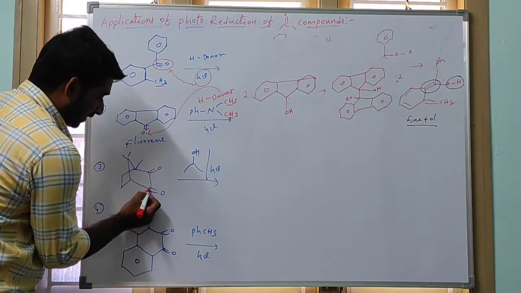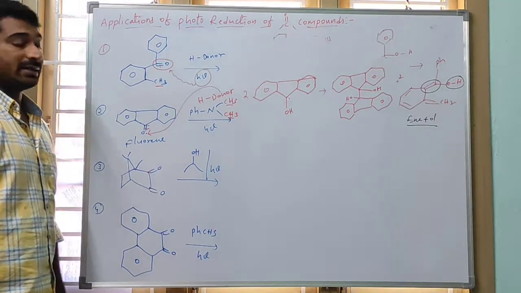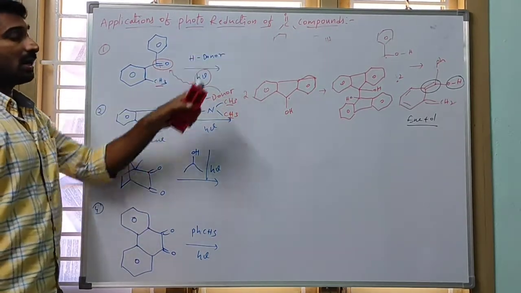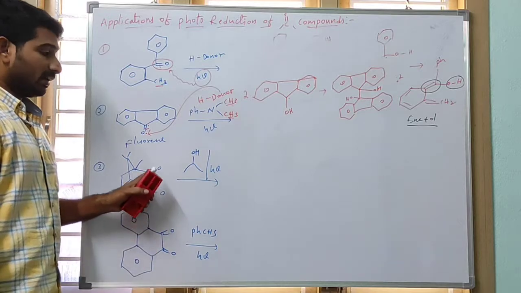Whenever two carbonyl groups are present adjacent to each other in a single molecule, instead of undergoing photoreduction, each carbonyl group undergoes only simple reduction. So there is no 1,2-diol formation.